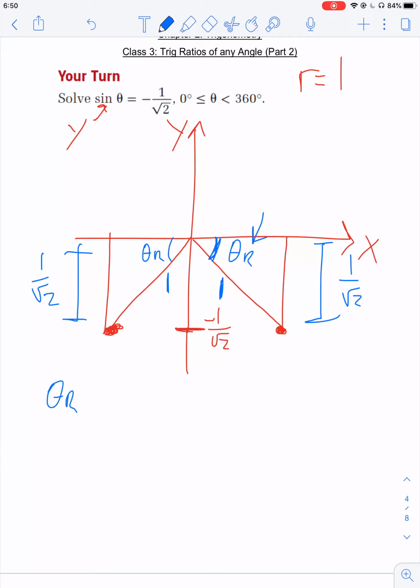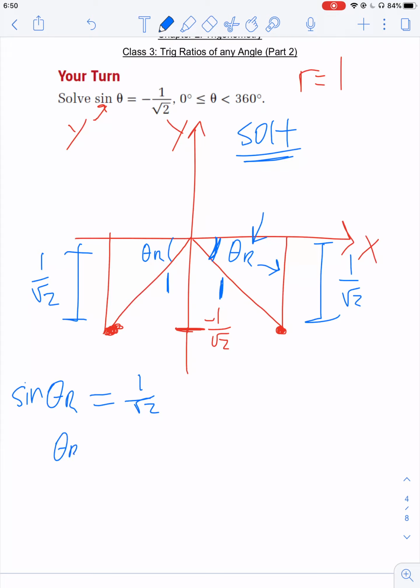So SOHCAHTOA, right? Because I have sine, I'm just gonna be interested in SOH. So sine of my angle is equal to the opposite side, which is 1 over square root of 2, over my hypotenuse, which is 1. So you don't have to write that. So let's solve for the reference angle.